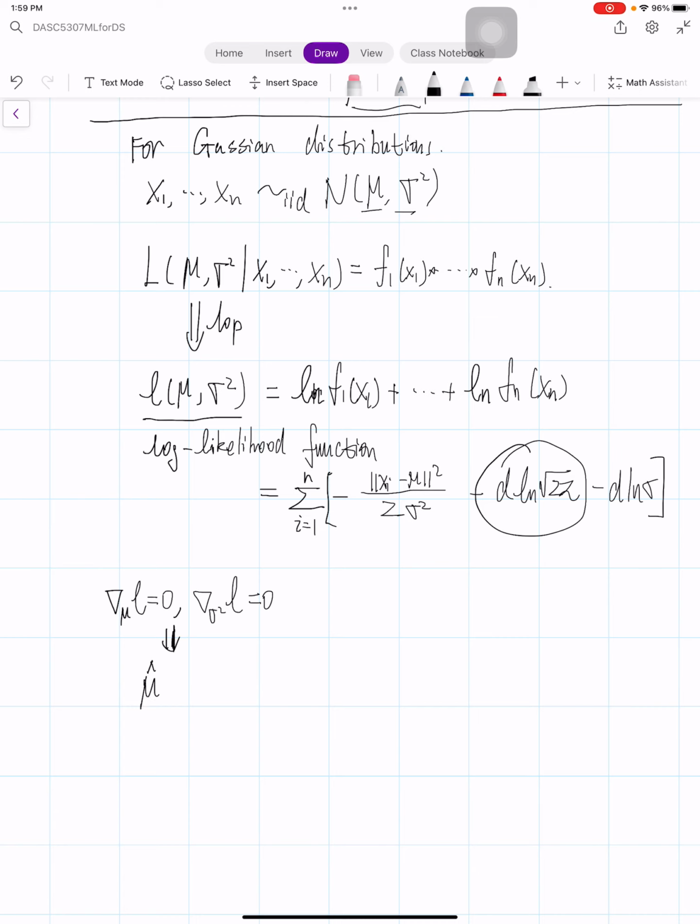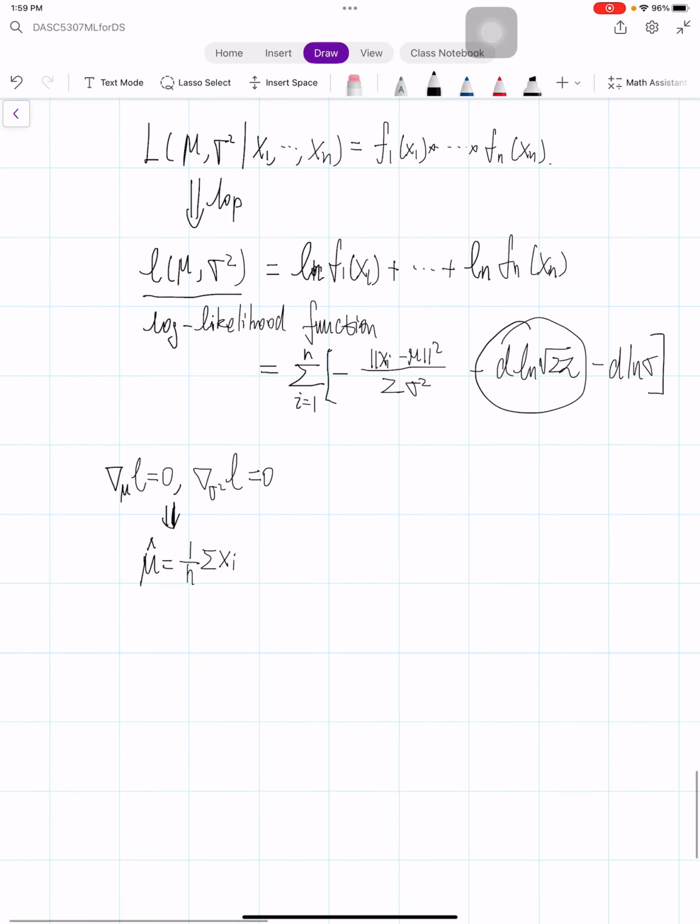The MLE for mu equals 1 over n times the sum of xi, which means the MLE for mu is just the sample mean, right? Which makes sense. For sigma square, the variance estimate is 1 over d times n, summation i from 1 to n, of (xi minus mu) squared. So this is the MLE for the variance. Once you obtain mu hat, you plug it in here and you can calculate this.